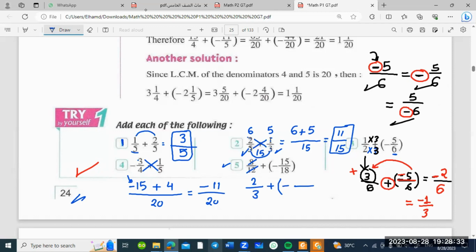Both 15 and 18 are in the table of what? Table 3. They are both in table 3. So I will divide negative 15 by 3, which gives me negative 5, and 18 divided by 3 gives you 6.